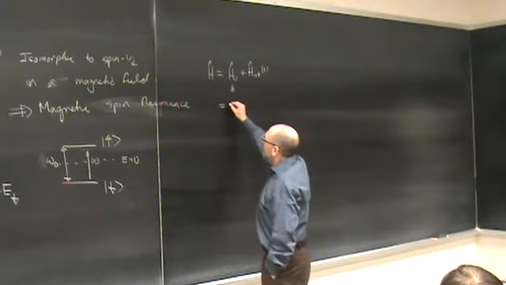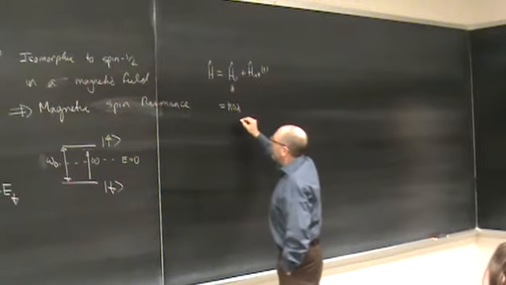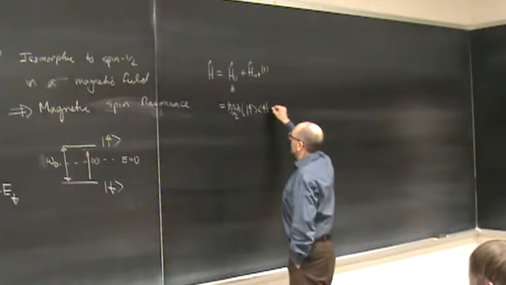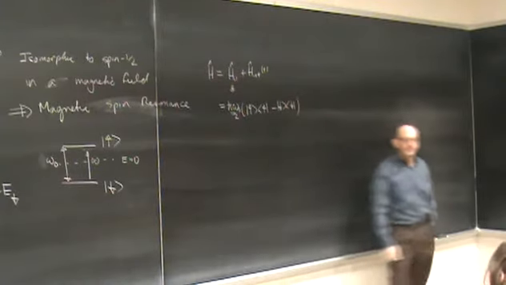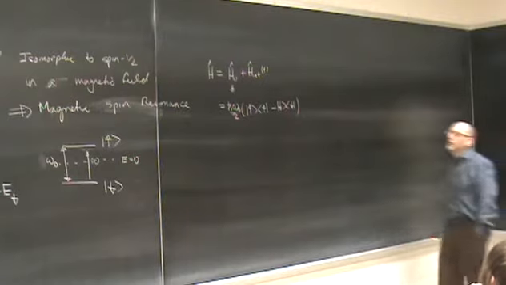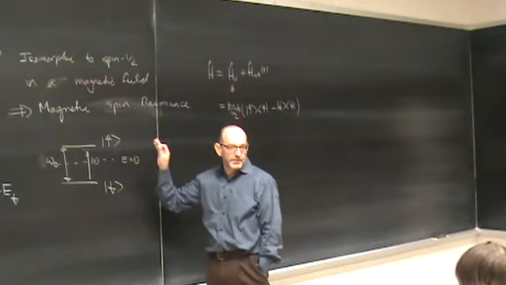So that this would be equal to h bar omega naught over 2 if I'm up, and minus h bar omega naught over 2 if I'm down. Okay? So that's H0. H naught is always diagonal, right? Diagonal in what? Everything is always diagonal in some basis. I mean, it only has diagonal elements. So we're defining these as the eigenstates of H naught. So by definition, it's that.